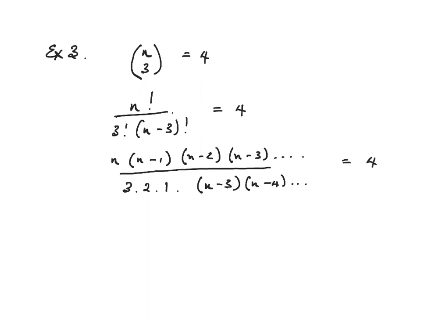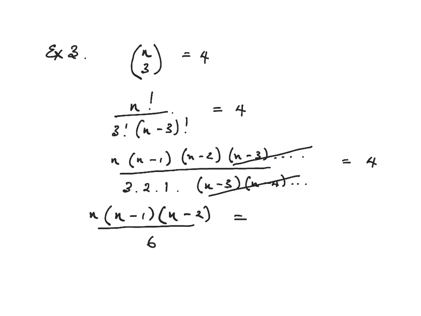So what do we have? Well, n minus 3 factorial, so these terms here are going to cancel. And we've got something on the top that needs to be expanded, so that's n times n minus 1 times n minus 2, and that's a 6 on the bottom, and that equals 4.